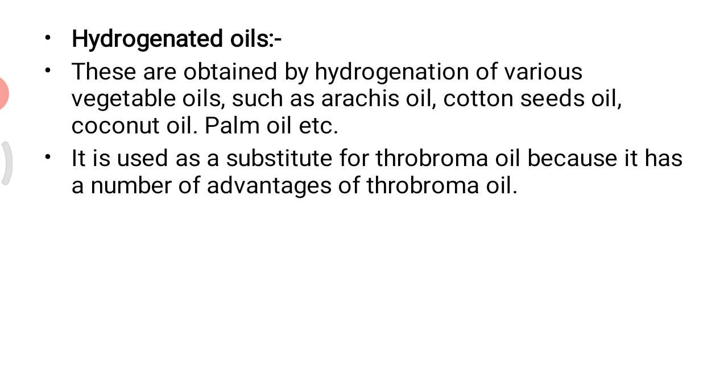Then the third one is the hydrogenated oils. These hydrogenated oils are obtained from hydrogenation of various vegetable oils such as arachis oil, cottonseed oil, coconut oil, palm oil. It is used as a substitute for theobroma oil because it has a number of advantages over theobroma oil.